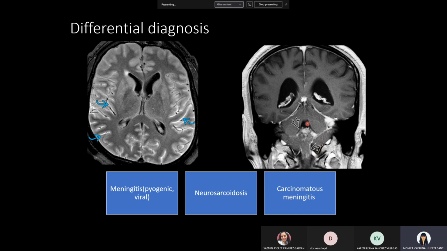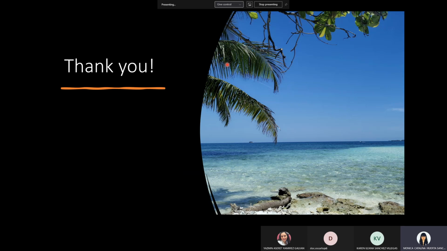This is a case of neurosarcoidosis. It also has a mild enlargement of both lateral ventricles. So this is all. Thank you.